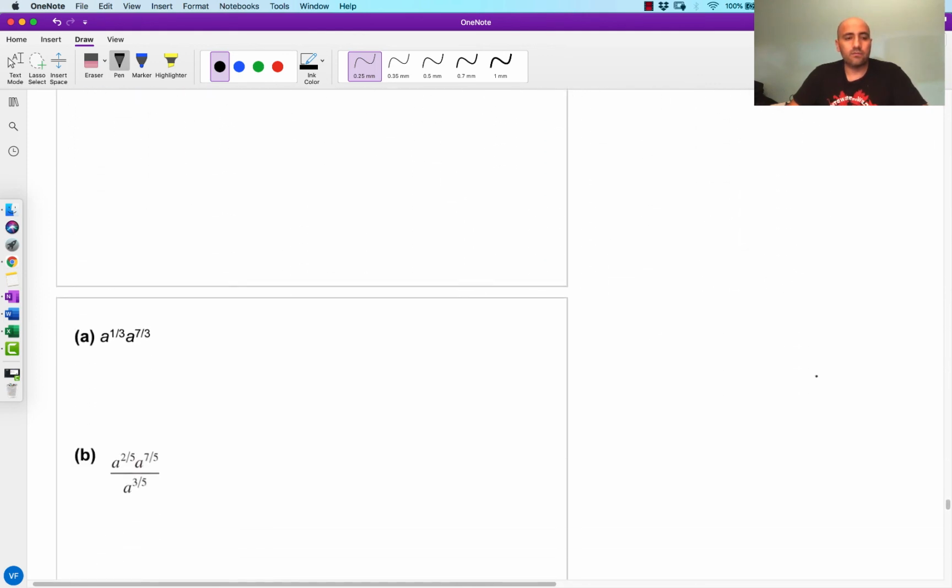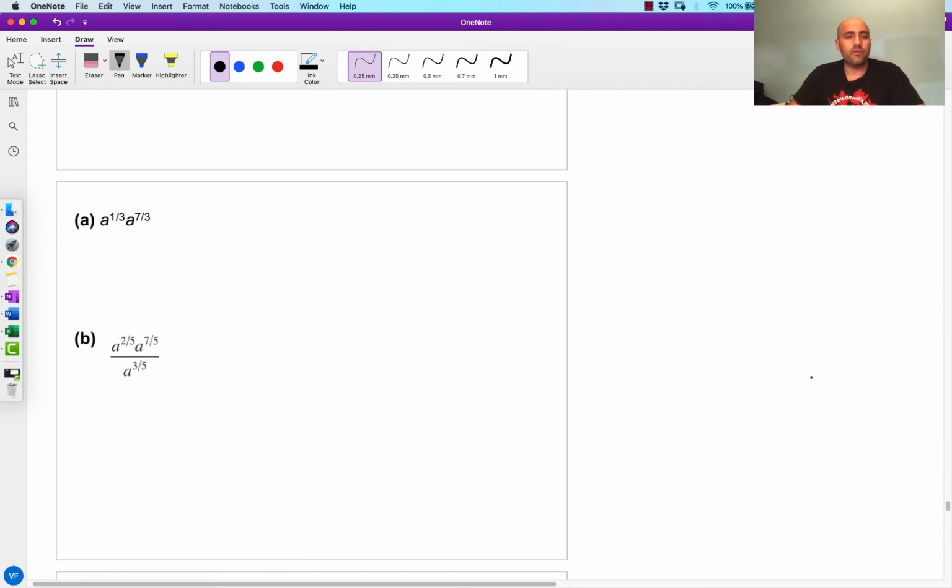Let's use everything we've learned to simplify some of these things. So we have fractional exponents, but all the same rules we learned before about exponents stay the same. We have two exponential numbers with the same base being multiplied. This is just going to be equal to a to the power of 1/3 plus 7/3.